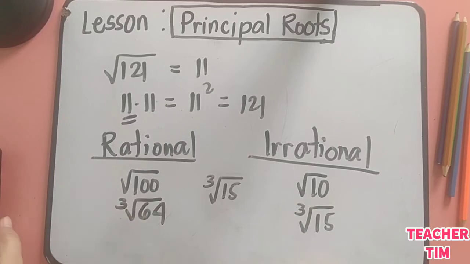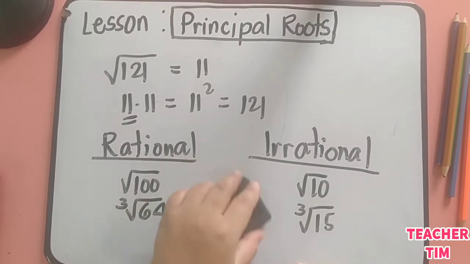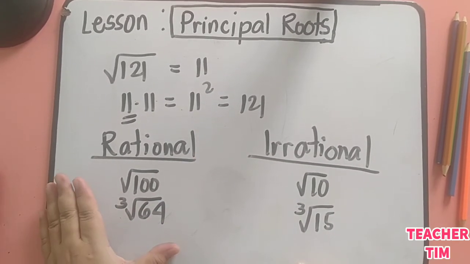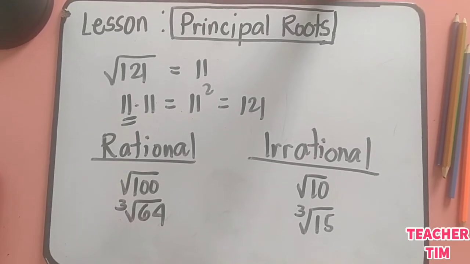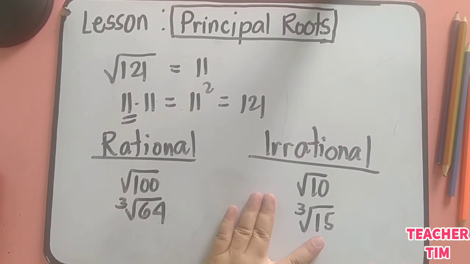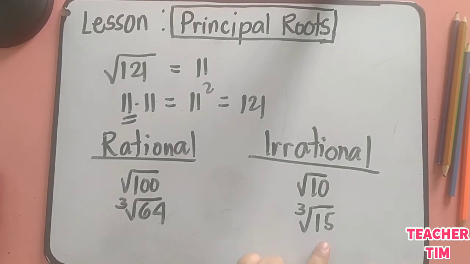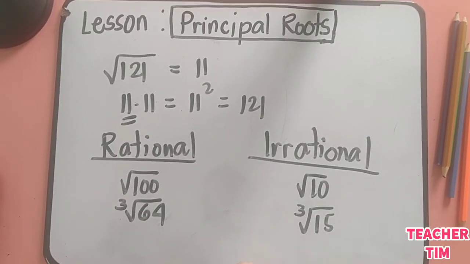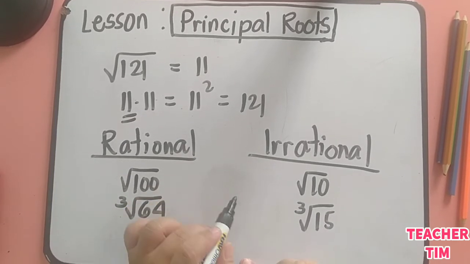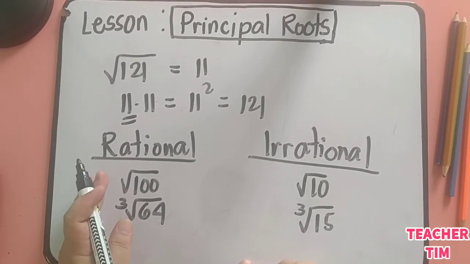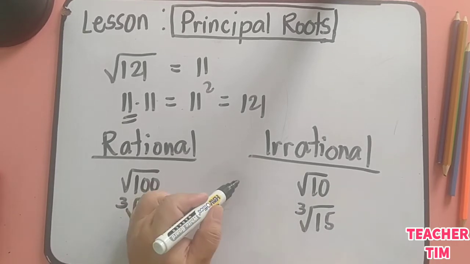We can write the given radical as rational if its radicand is a perfect nth root, while irrational if the radicand is not a perfect nth root.